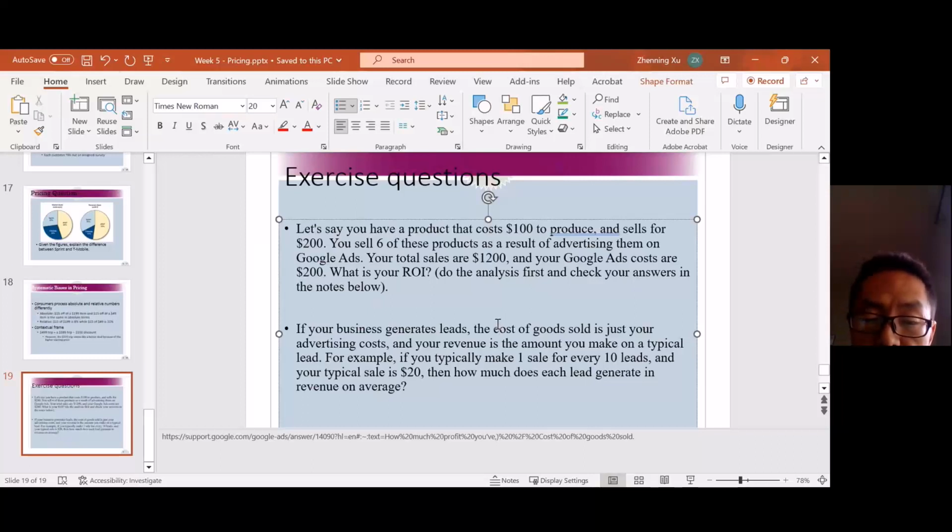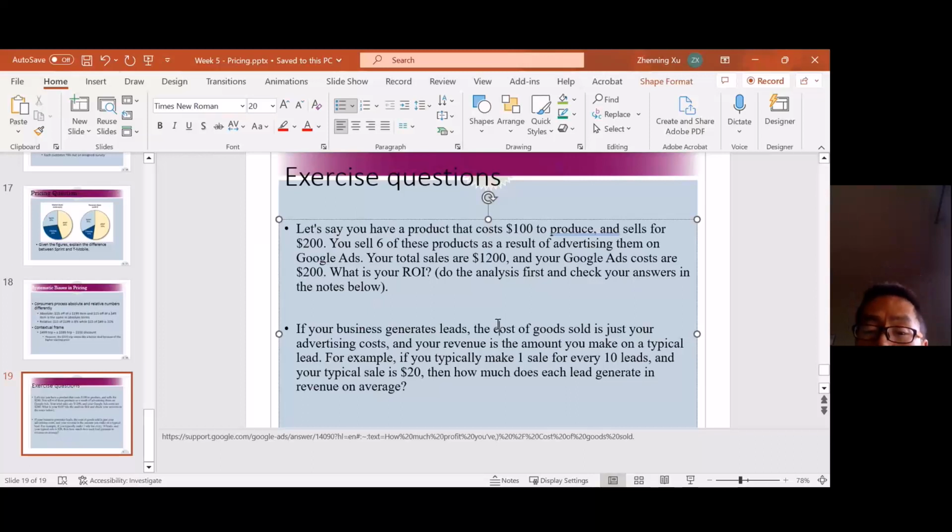So here you can find the original tutorial. Basically, imagine if your product costs $100, and you are going to sell it for $200. And then you are going to launch some Google AdWords campaigns and try to get more customers.